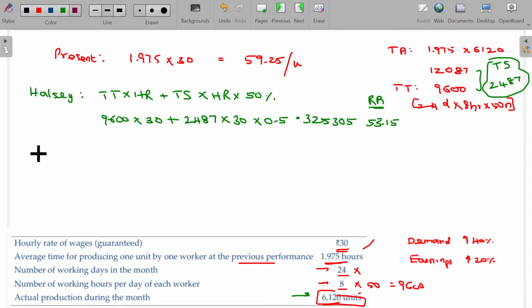If you apply the Rowan plan, time taken into hourly rate plus time saved over time allowed into time taken into hourly rate.